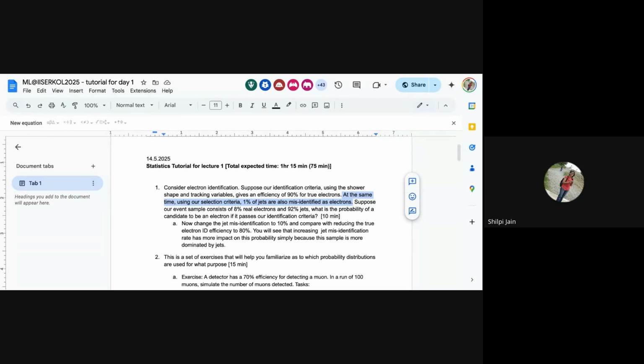We have to find the probability for that particle to be an electron given the criteria is passed, and we already know the other things. This is similar to the question that we practiced earlier in the tutorial, in the class itself. That's good. So maybe you can take 5 minutes, or less than 5 minutes, and tell me the answer.